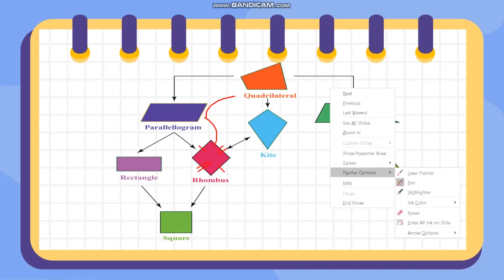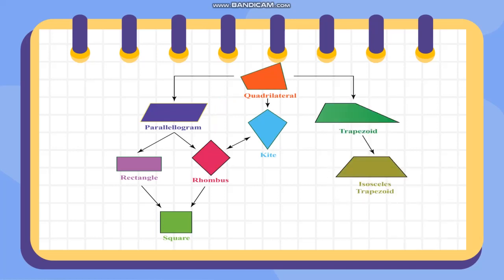Next we have a square. A square is a special rectangle. Why? Because they both have four right angles and they are both parallelograms and they are both quadrilaterals. Okay? The only difference between rectangle and square is that in a square all sides are equal, but in a rectangle the sides are not all equal.